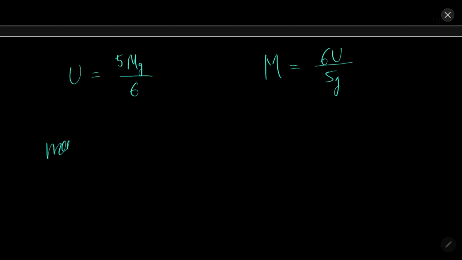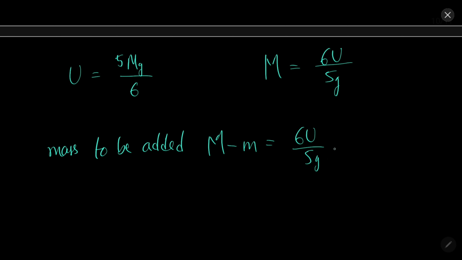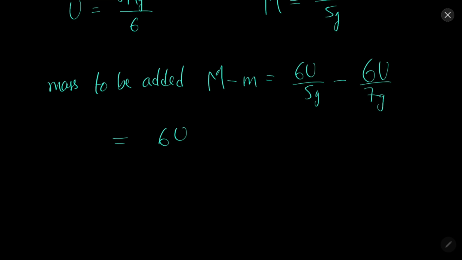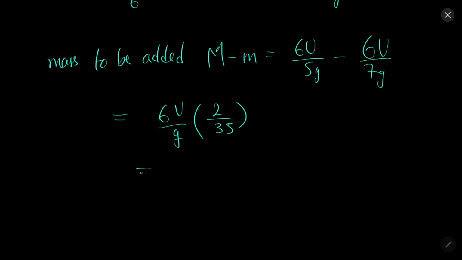So ultimately the mass which is to be added, m' minus m, is equal to 6u over 5g minus 6u over 7g, which will give you 6u over g times 2 over 35, and 12 over 35 u over g.